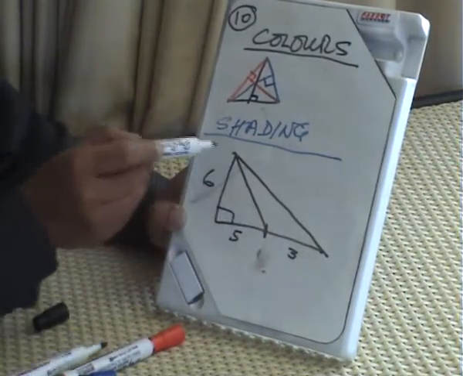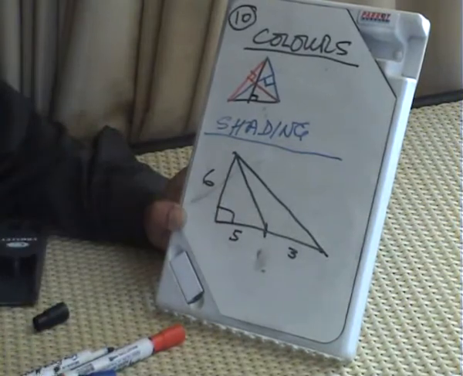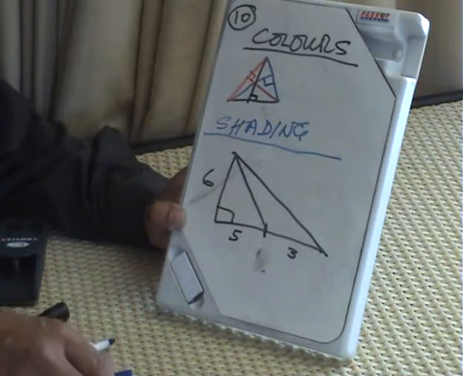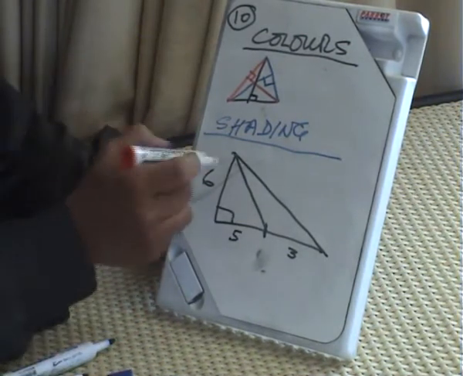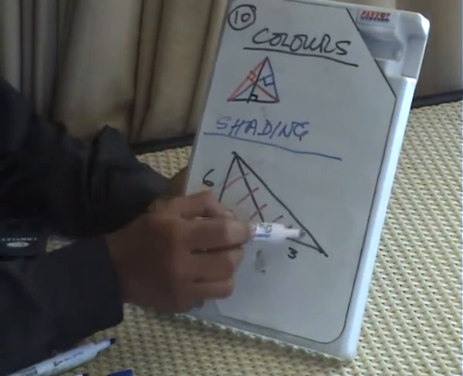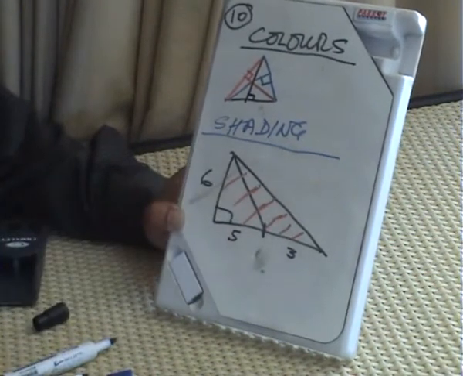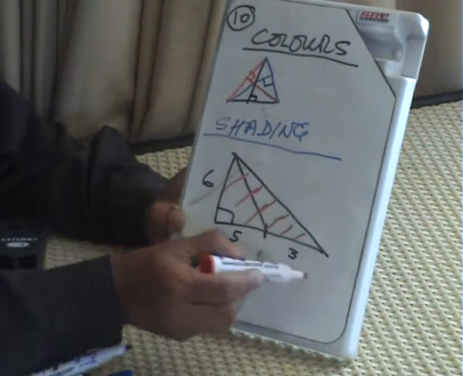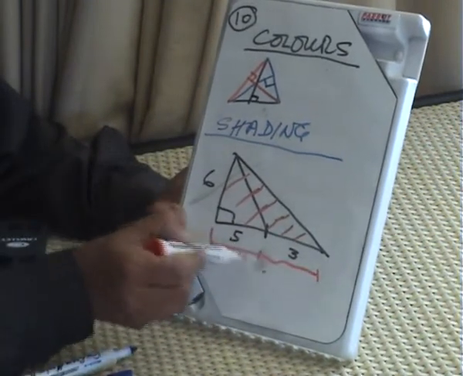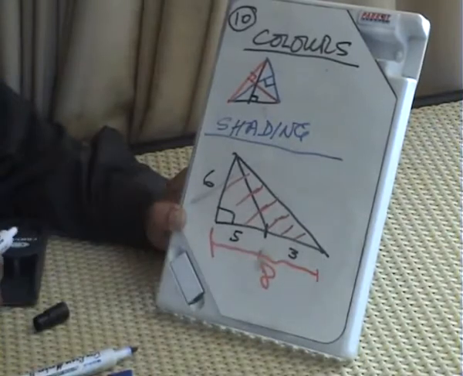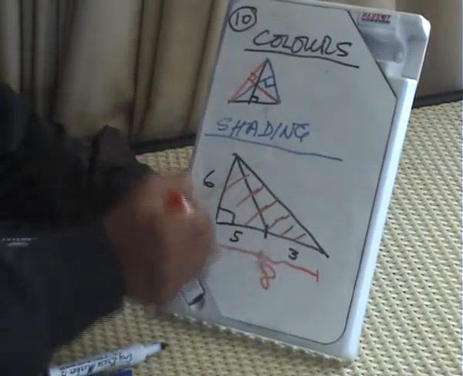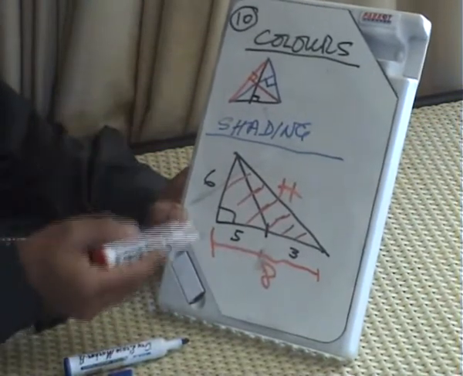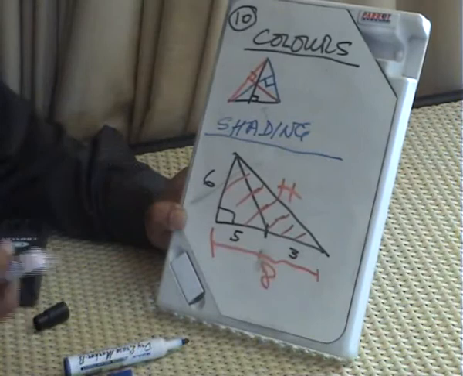One small one and one big one. If I am working with the big right angle triangle, it might be better for me to just shade it, so it becomes very clear that that's what I'm working with. Therefore this side is 6, and this side altogether is 8. Then I'll be able to use the theorem of Pythagoras and even find the hypotenuse. So using colors and shading can make your life very, very easy.